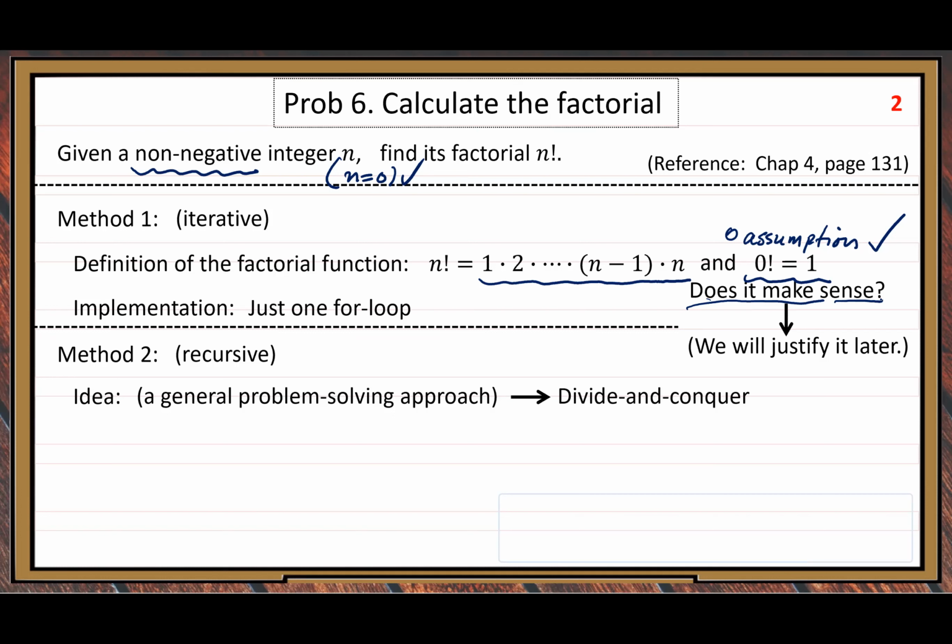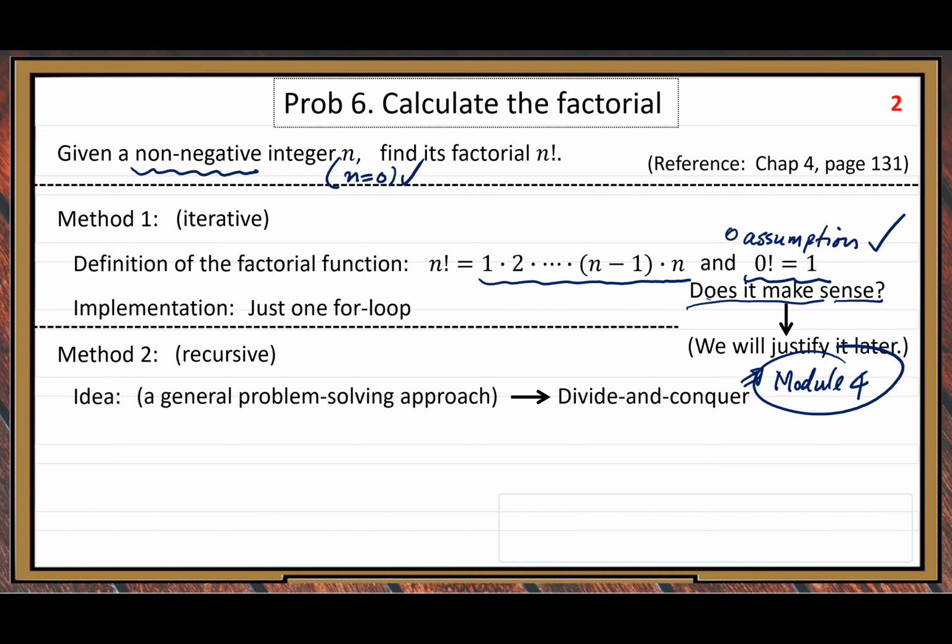It's a commonly used method in problem solving, divide and conquer. This is a big topic. And in our module 4, we will cover divide and conquer, the whole module. We will study the divide and conquer approach.